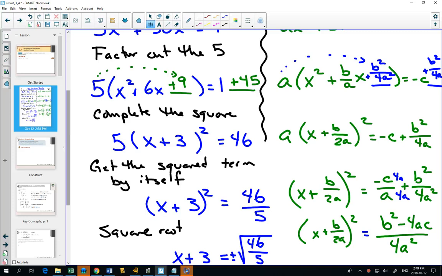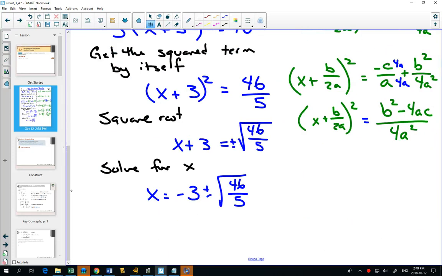Now we got our squared term by itself. How do you get rid of something squared? Square root it. So if I square root both sides, this side just becomes x plus b over 2a equals plus or minus the big square root of b squared minus 4ac over 4a squared. Last thing I need to do? Solve for x.